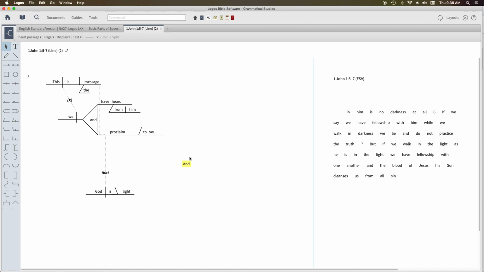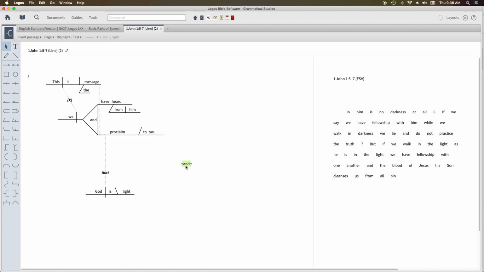Now, is this going to be a coordinating conjunction, linking God is light, in him is no darkness at all, or is it going to be a compound verb like the other one?